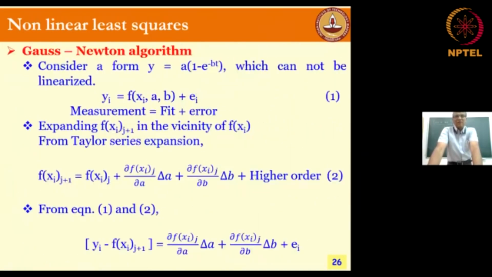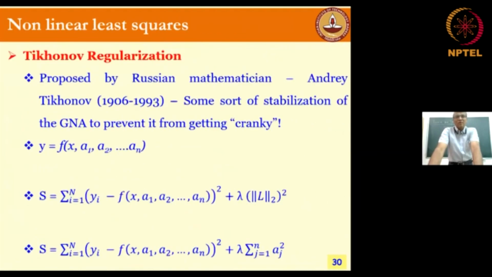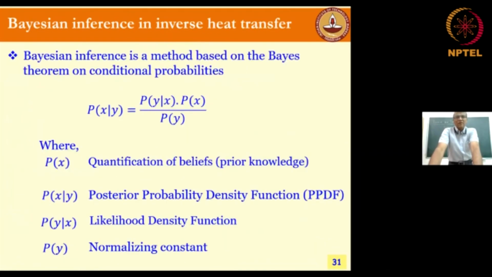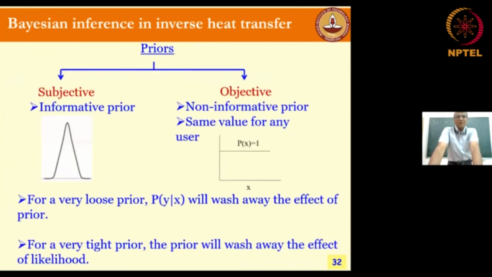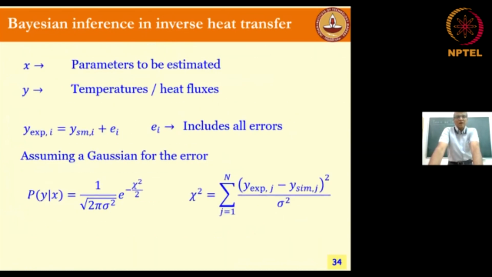Sir, where we are finding the likelihood function in the Bayesian. Yeah, this one. Next slide. Sir, in this case, when we are finding the value of p of y given x on the left hand side, for our case, this is the value of p of t i given q, right?